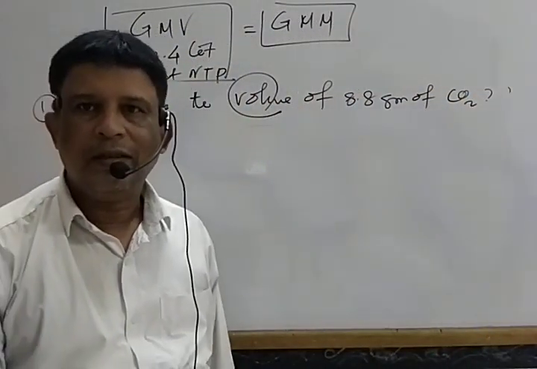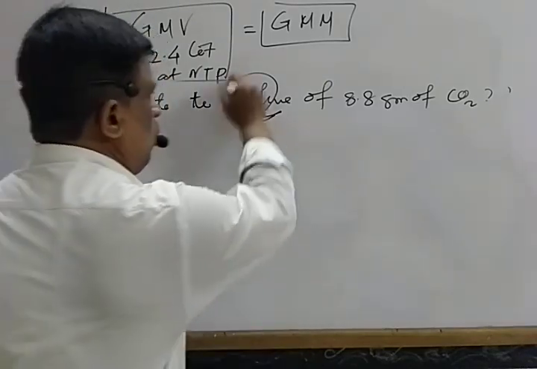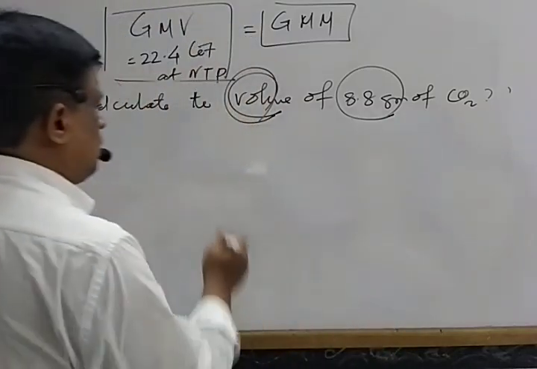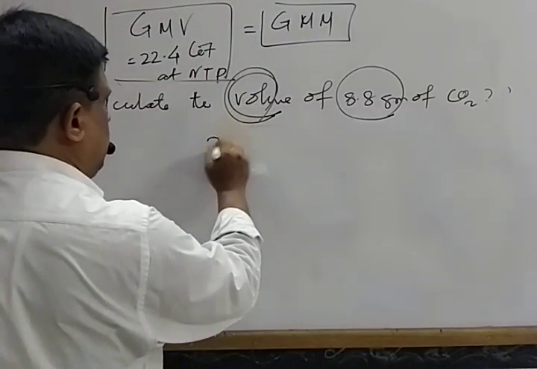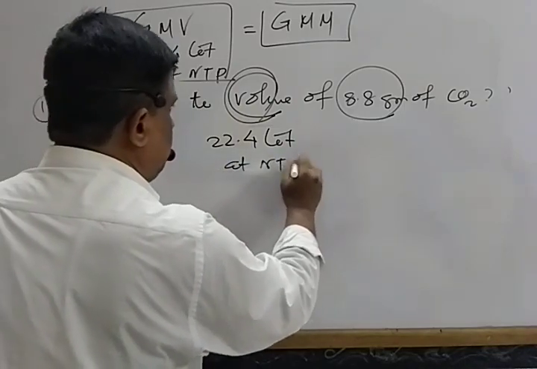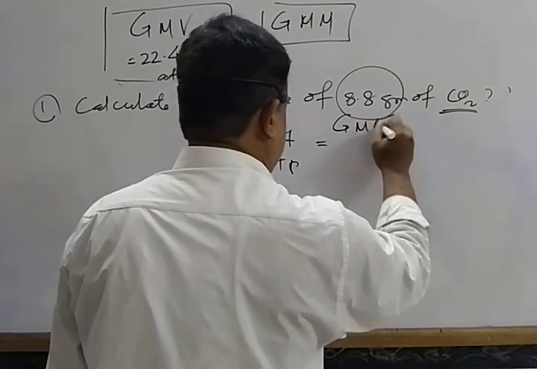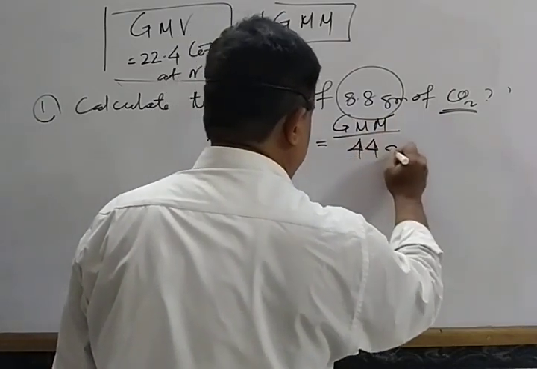Read the question and focus on two terms. One is volume and one is mass. That means GMV, that is 22.4 liter at NTP. For carbon dioxide, GMM of carbon dioxide is 44 gram.